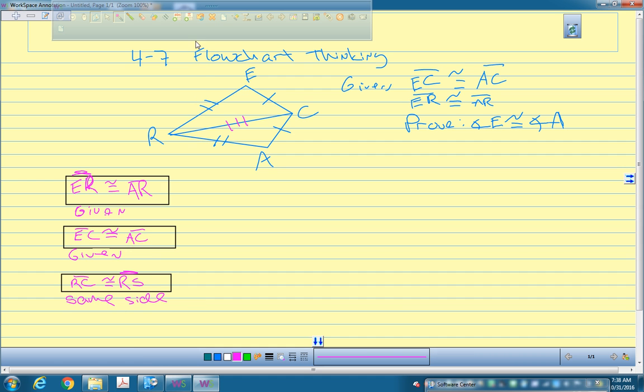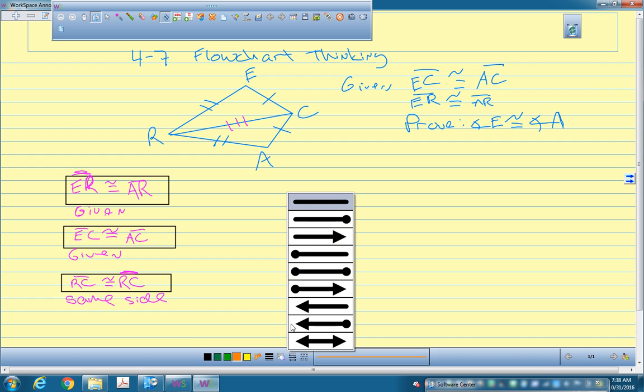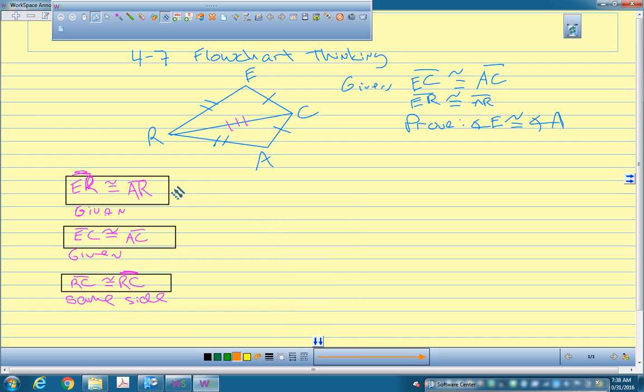Oh, I wrote RS. I meant to write RC. Sorry. RC, because this one right here, right? So RC is congruent to RC, same side, and then you put those three things together, okay? So you put those three things together, 1, 2, 3, into another box.